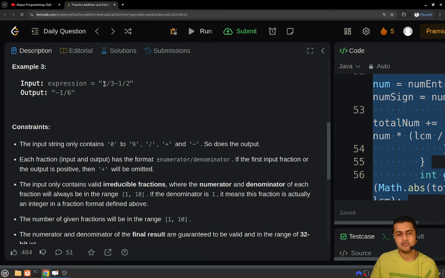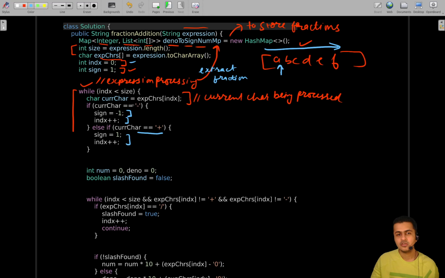You might be asking how this situation will be encountered when you are not having a positive sign on the very first fraction. For that case, you only increment the index whenever you see a sign. If there is no sign, no increment.